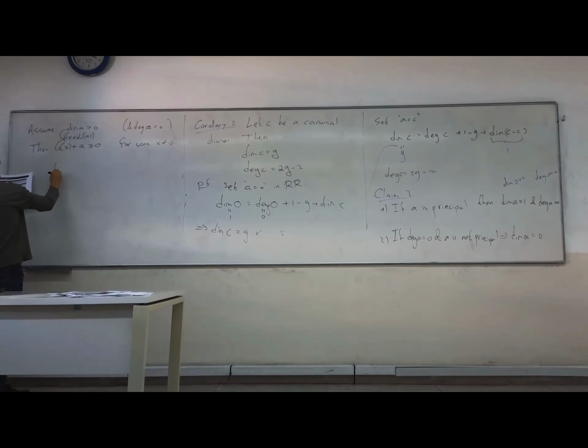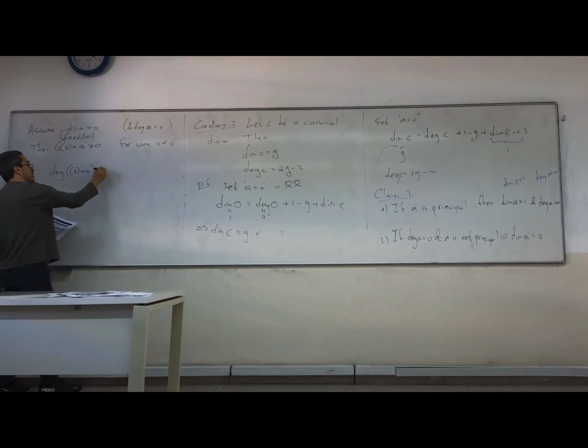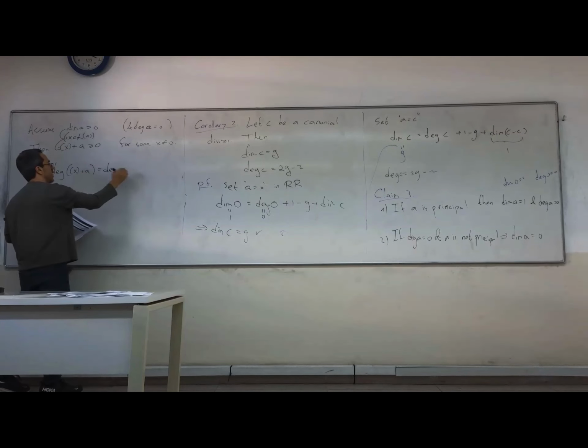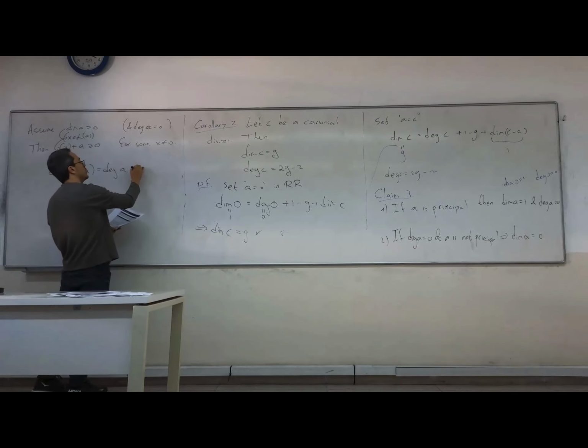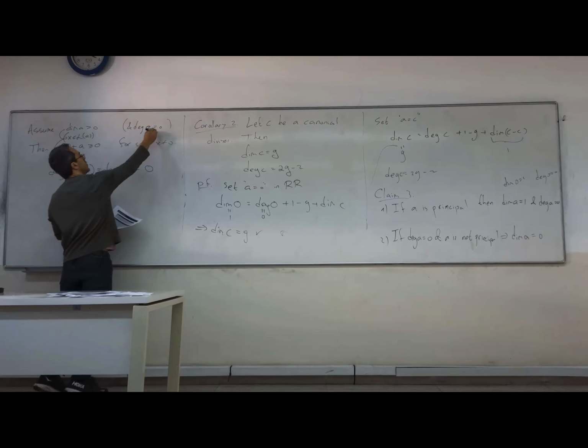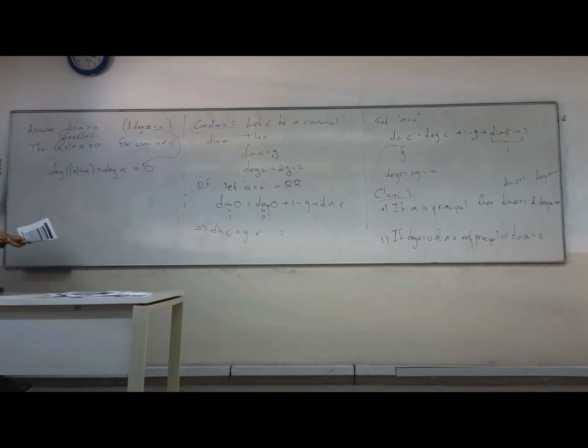But then the degree of x plus A is the degree of A, because degree doesn't care about the principal divisor. The degree of a principal divisor is 0; that's something we proved. And that's 0 per assumption. So this divisor is a degree 0 divisor, but it's also larger than or equal to 0 as a divisor.